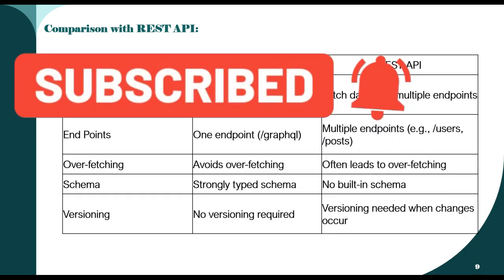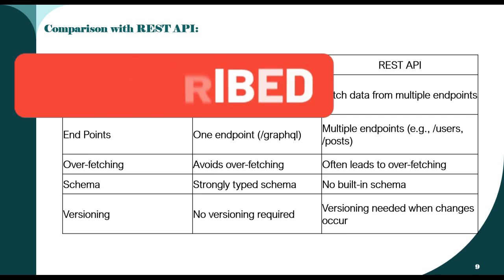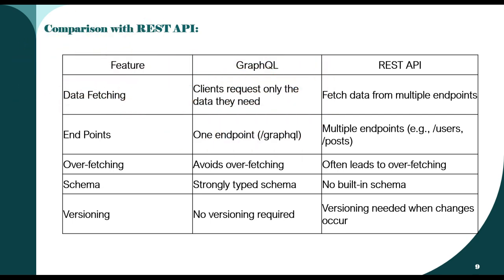There are different endpoints in REST API to get different kinds of data. In GraphQL you can have only one endpoint, and you can serve your purpose of getting data from multiple REST APIs, servers or databases.